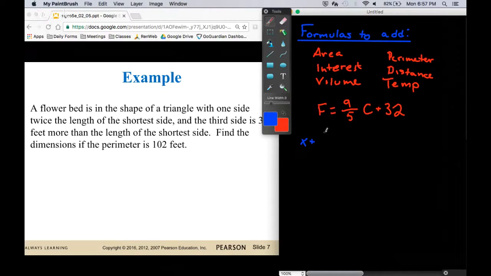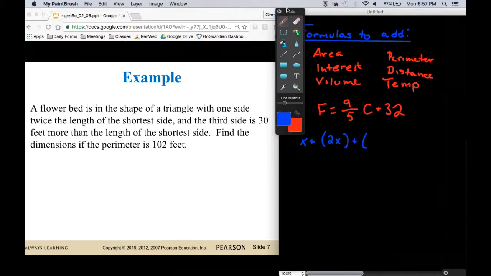Okay, so one is twice the length of the shortest side, and then the other one is 30 feet more than that shortest side. So you take the shortest side, you add 30 to it, and it has a perimeter that added together equals 102 feet.